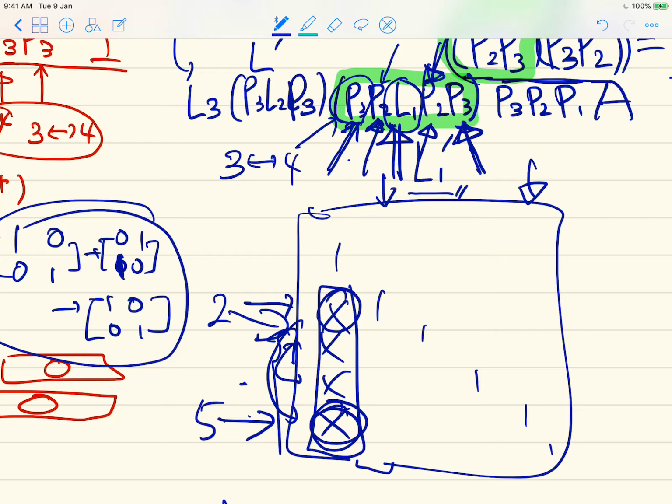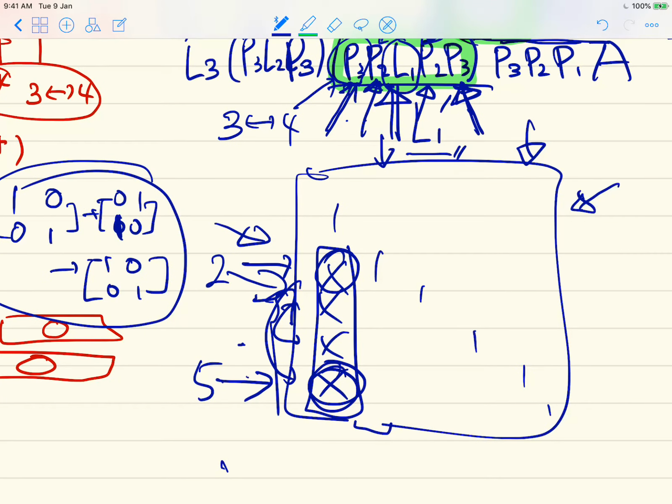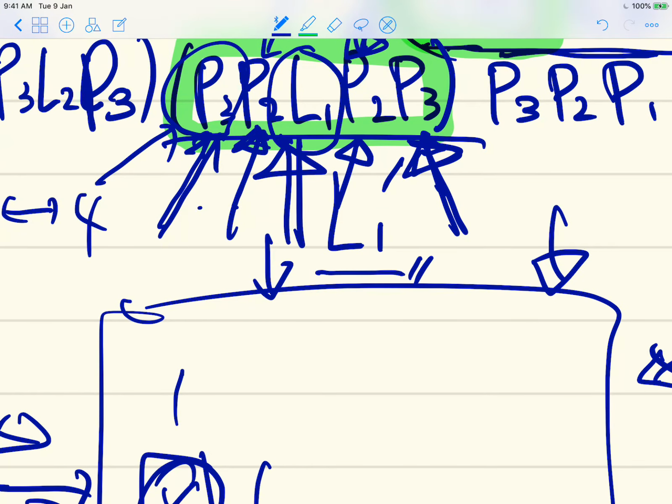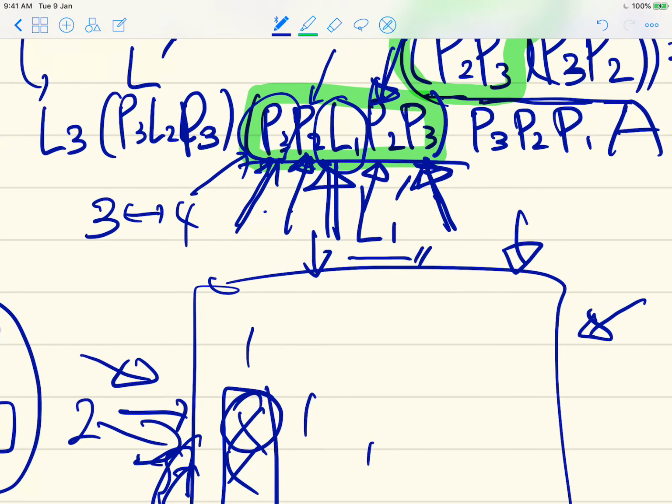It will just recover the original identity matrix. So this guy will still have this lower triangular kind of shape.